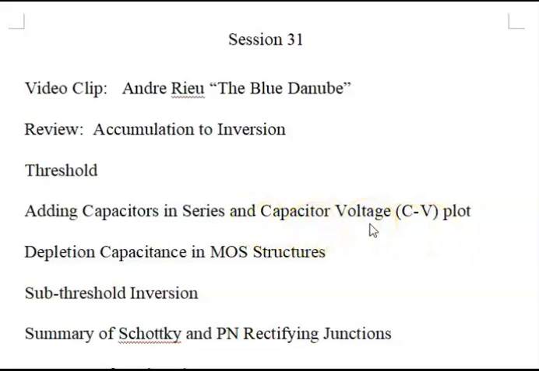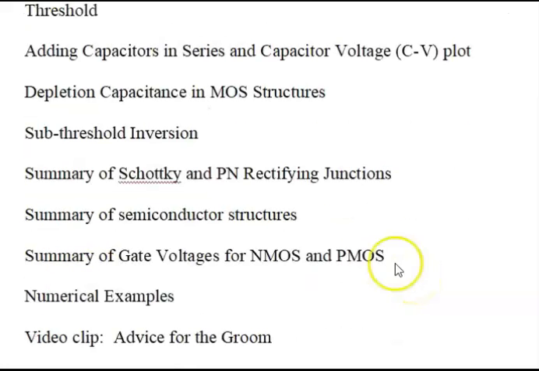That's something we'll be using quite a bit in our MOSFET discussions, talking a bit about the depletion capacitance, and then again, only qualitatively, we'll be talking about subthreshold, that region from where we get intrinsic, where the Fermi level crosses the intrinsic level, up to the strong inversion level.